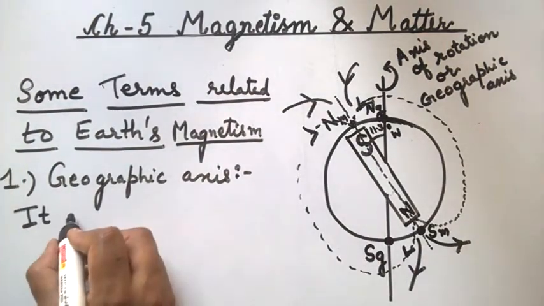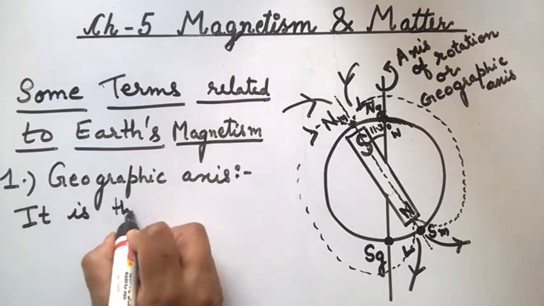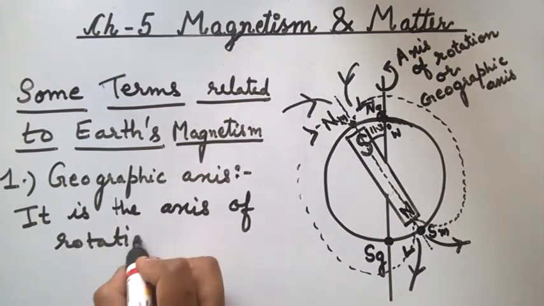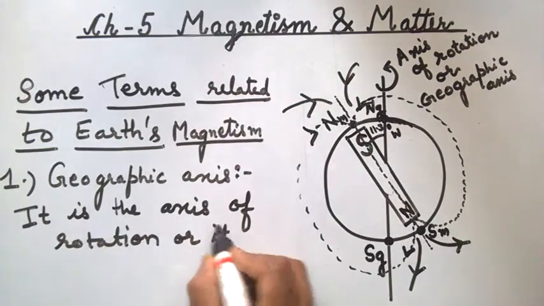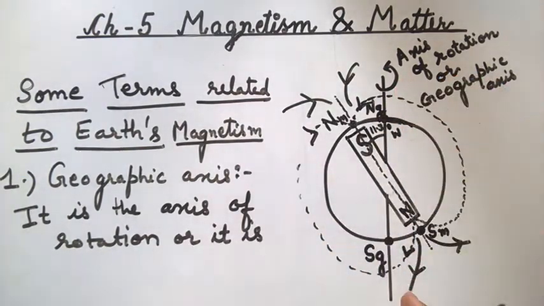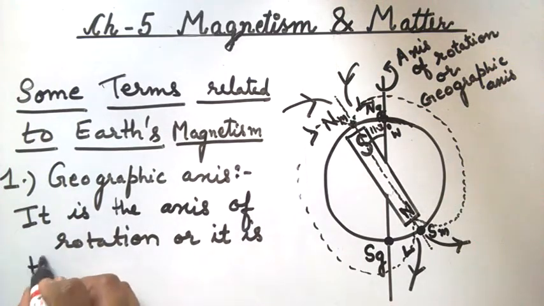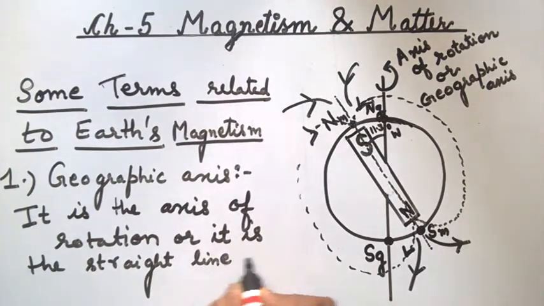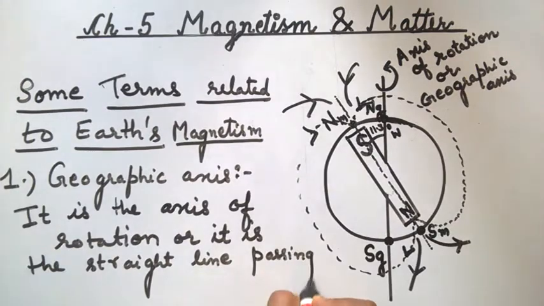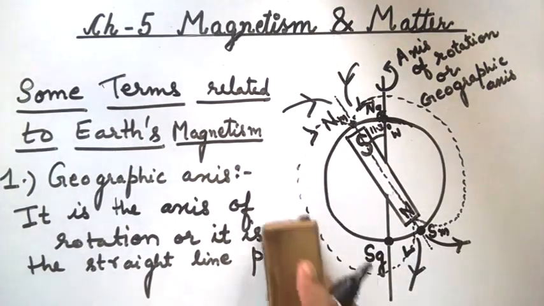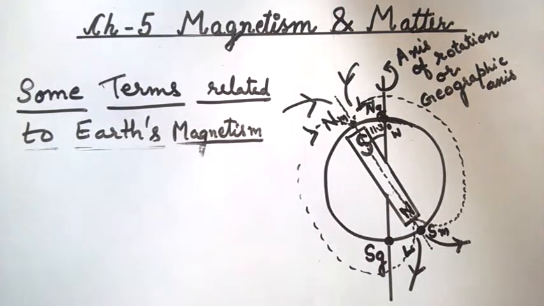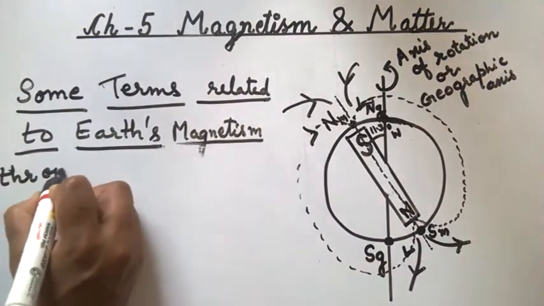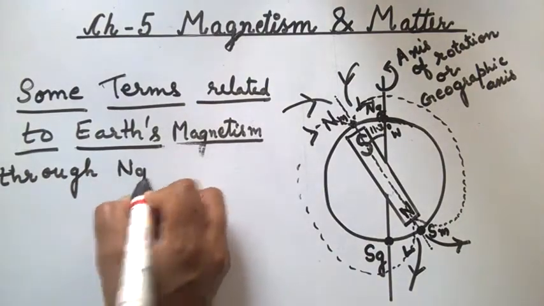As we have studied that it is the axis of rotation, or it is a straight line passing through geographic North Pole and geographic South Pole.